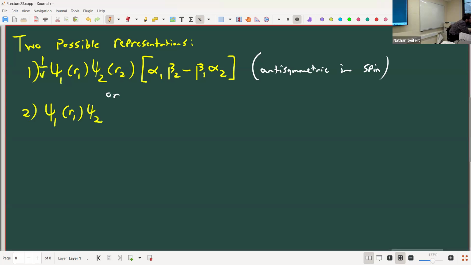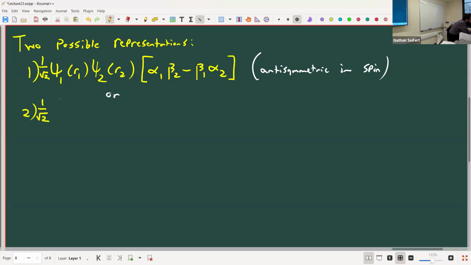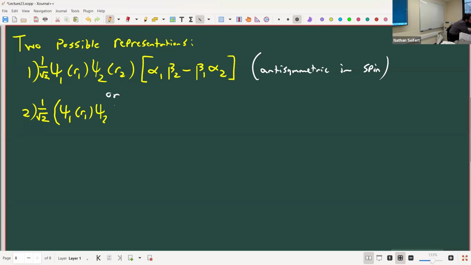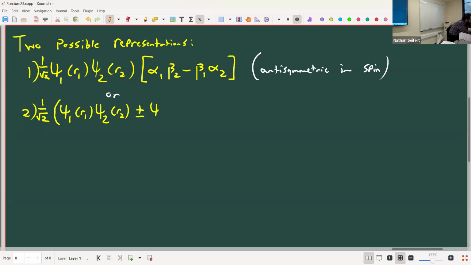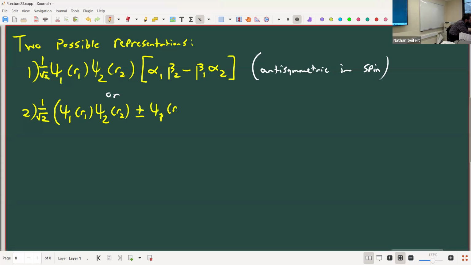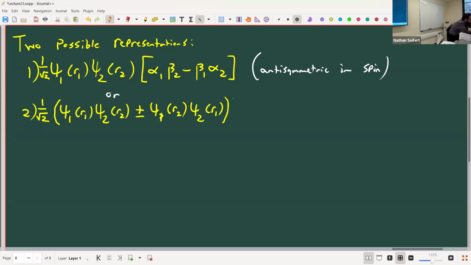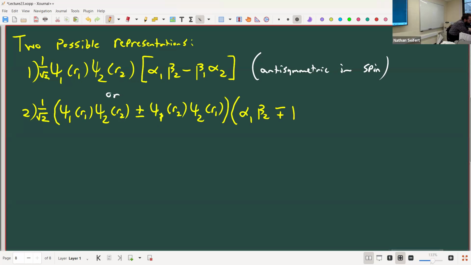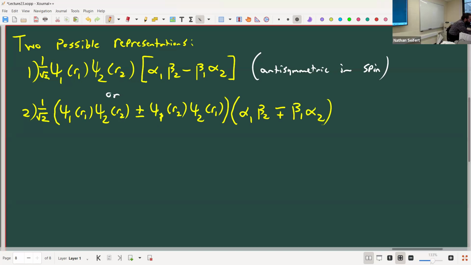I'm sorry, I missed 1 over square root of 2 here. Let me rewrite this one. Or we can have psi1 r1, psi2 r2 plus or minus psi1 r2, psi2 r1 times alpha 1 beta 2 minus or plus beta 1 alpha 2, right?